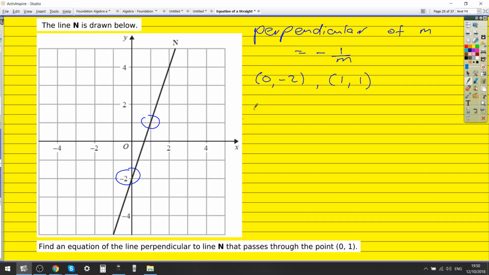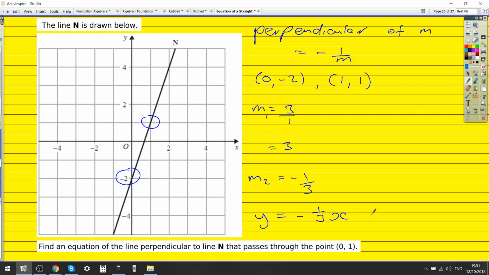So it would be 3 over 1, so just 3. Do I need to make that into minus a third? Yeah, so the perpendicular gradient is minus a third. And then it's y equals minus a third x plus minus 2.